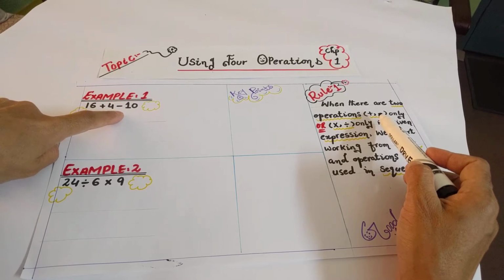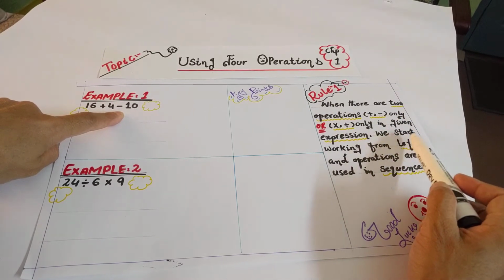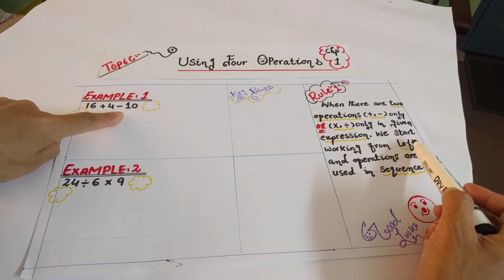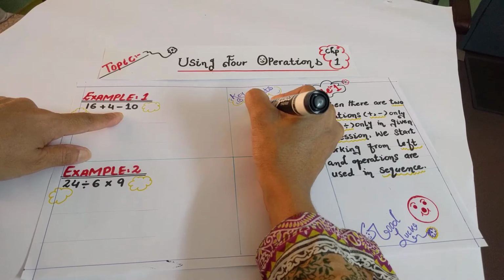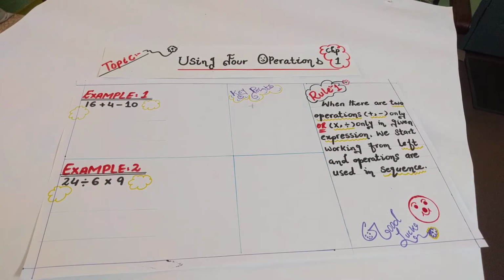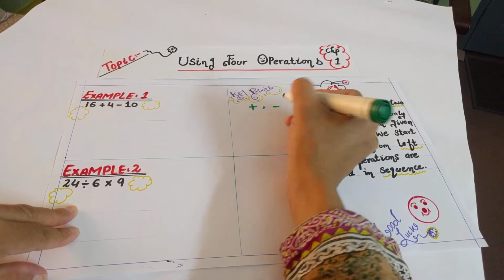Secondly, we start working from left. In our expression, we have two signs, plus and minus.